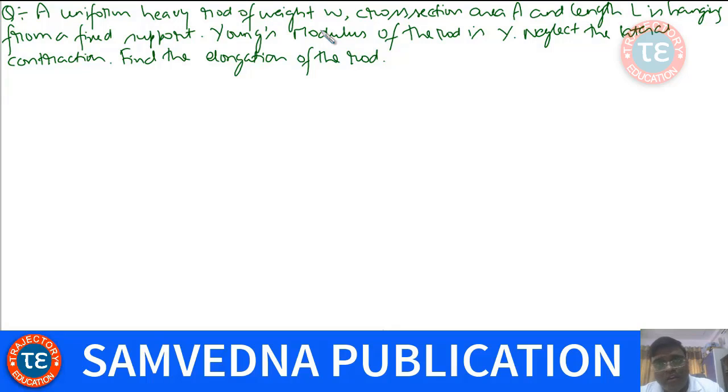A uniform heavy rod of weight W and cross section area A and length L is hanging from fixed support. Young modulus of the rod is Y. Find the elongation in the rod. See, you have a ceiling over here and you have a uniform rod.